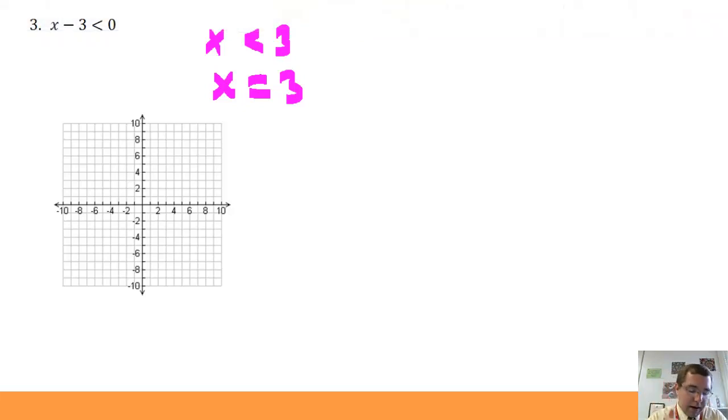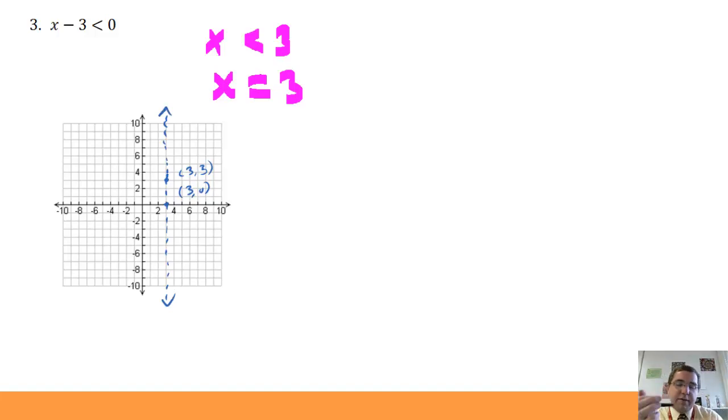A vertical line, where every point has an x-coordinate of 3. So for example, the point 3, 0, or say the point 3, 3, and we draw ourselves that vertical line, except we make sure that we don't draw a solid line. We draw a dotted line, because it is just less than.